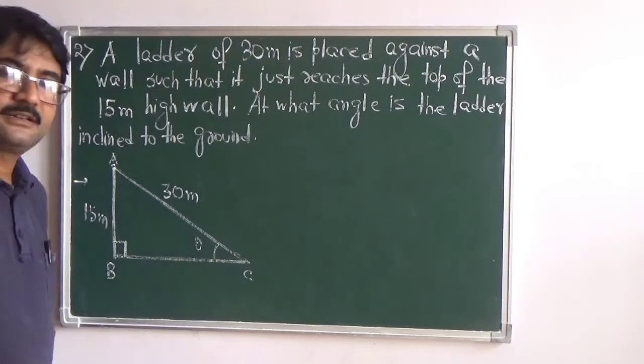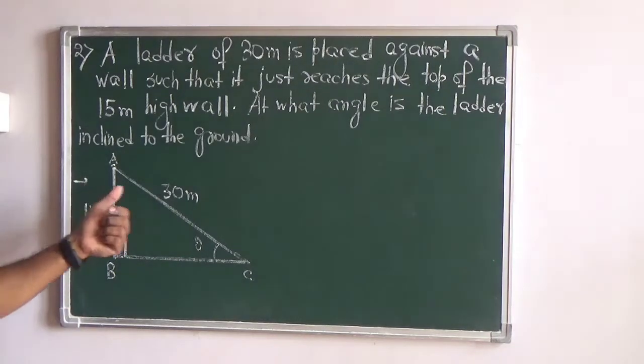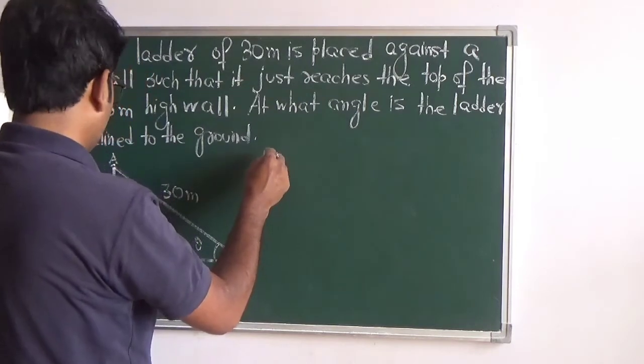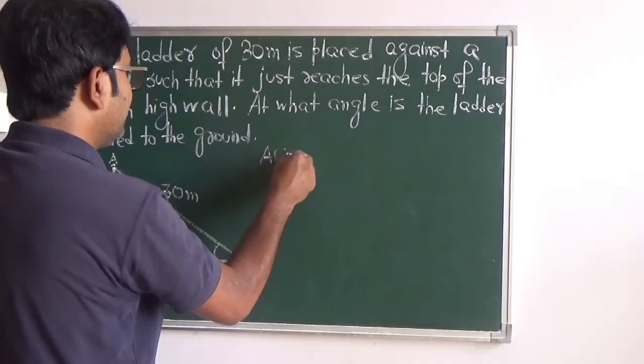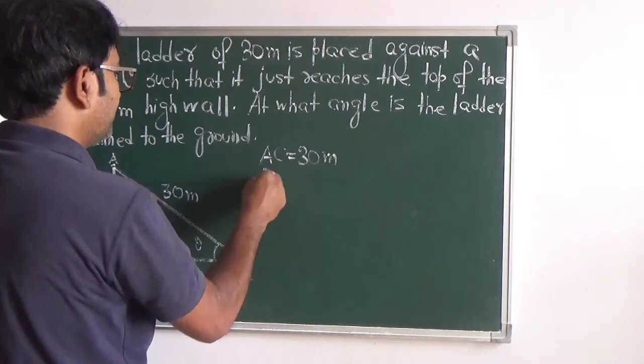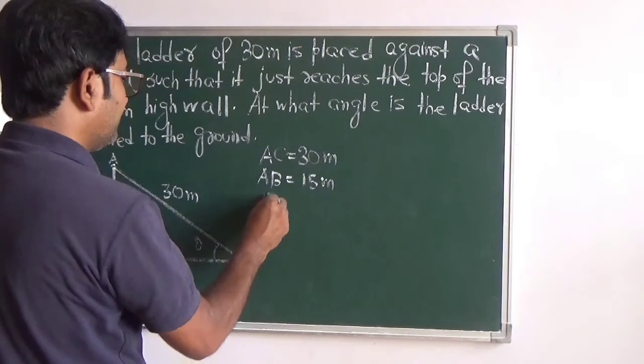The similar type question, but now you can see very clearly the sides which are given. It is given the perpendicular and the hypotenuse, and we can note down that AC is equal to 30 meter and AB is equal to 15 meter. We have to find the value of theta.